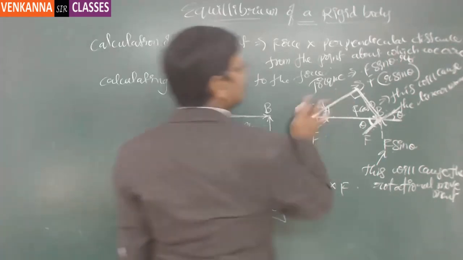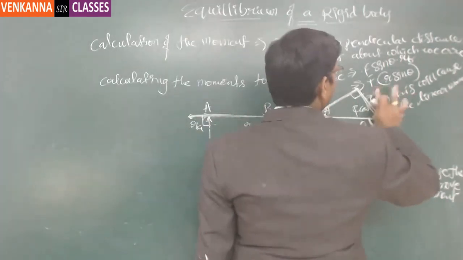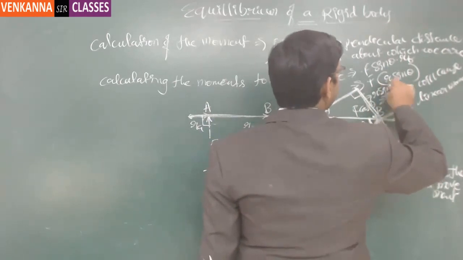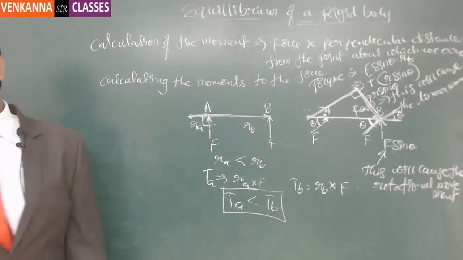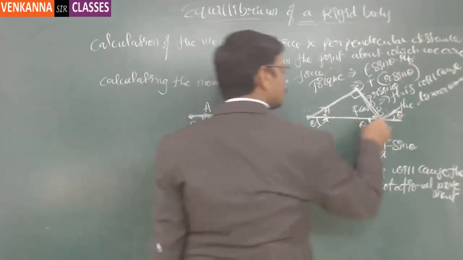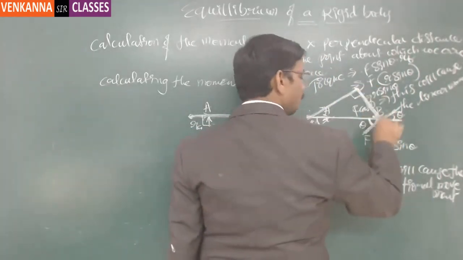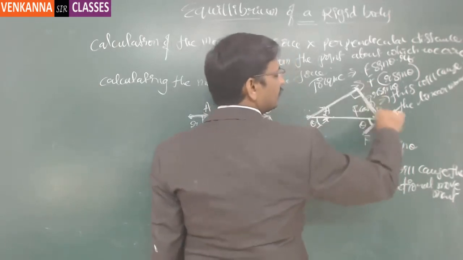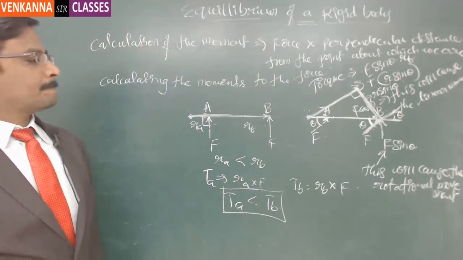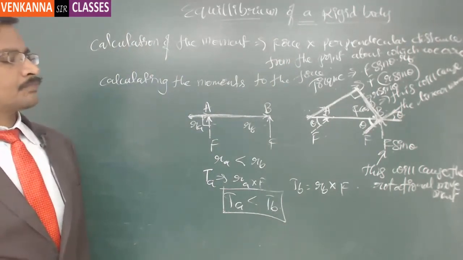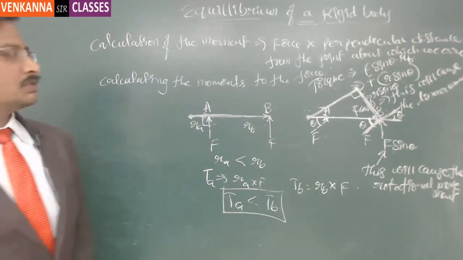Sorry, this is R sin theta. Understood? So this is R cos theta and this is R sin theta. So the force and the perpendicular distance from there. Got it? Okay. So you can note down this.